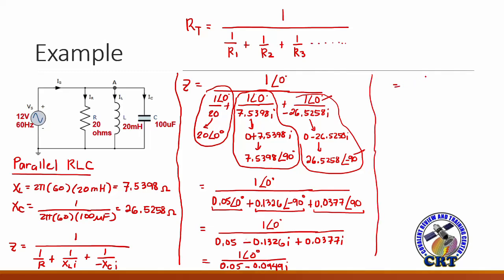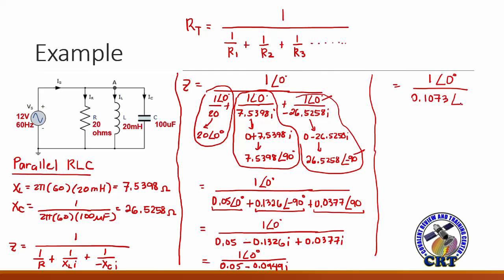So we have now 1 angle of 0 in the numerator divided by the denominator, which we have to convert to polar form. So let us convert that 0.05 and negative 0.0949i. The polar form of the denominator is 0.1073, using 4 decimal places.